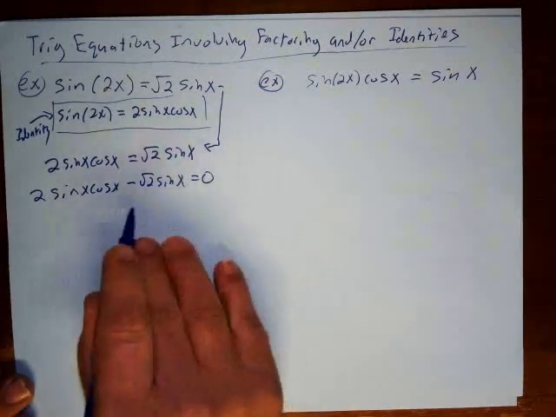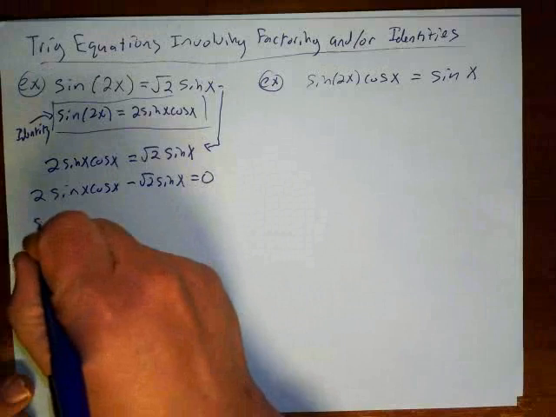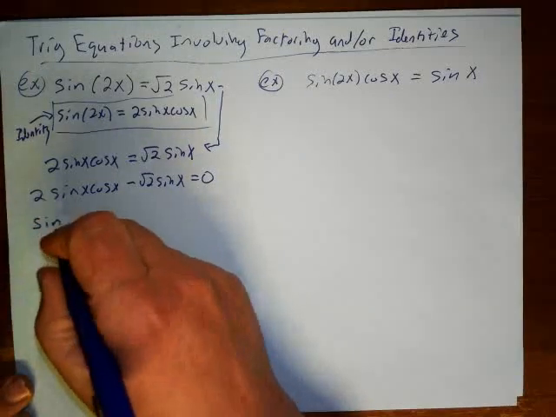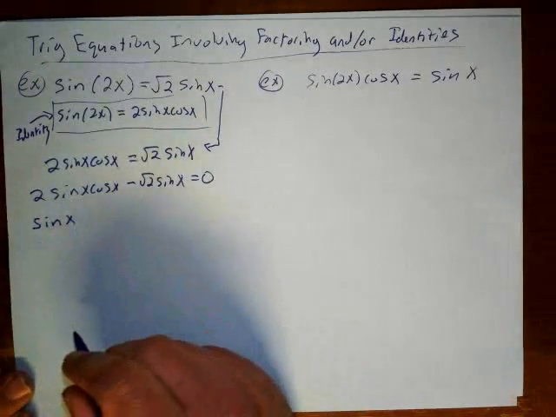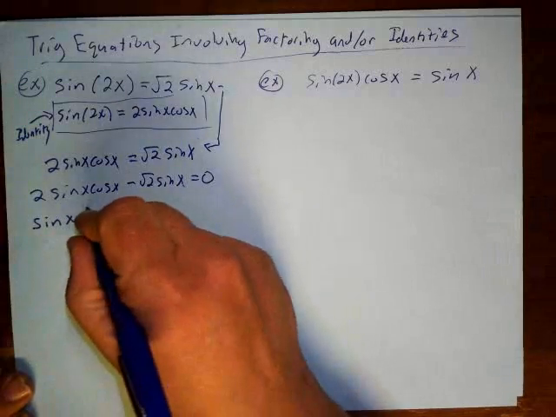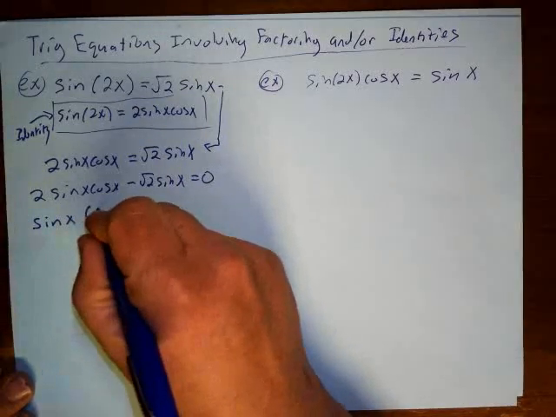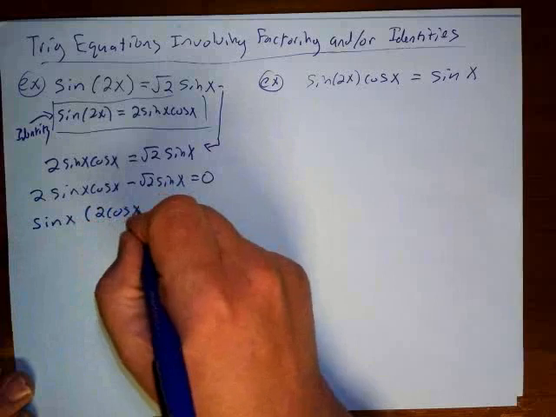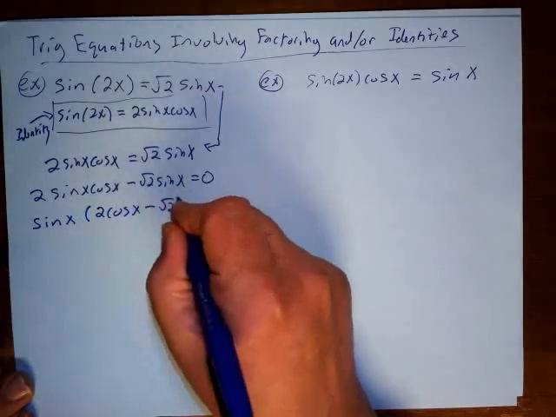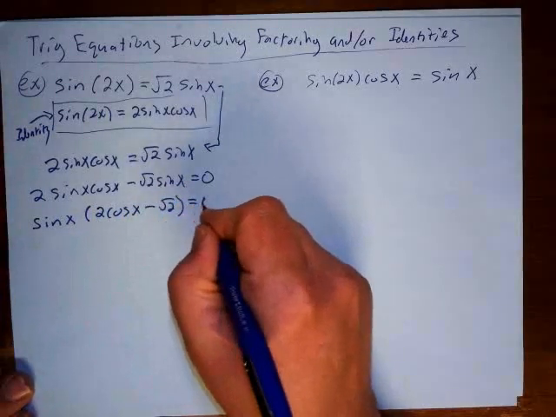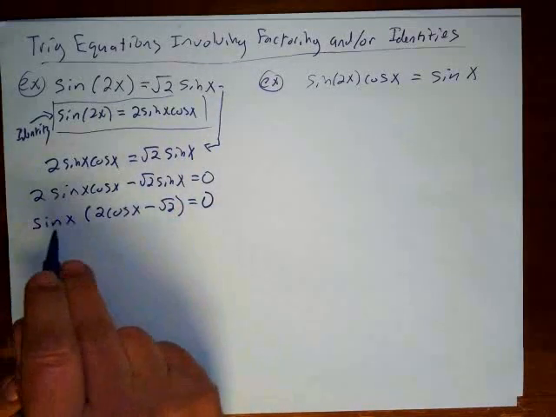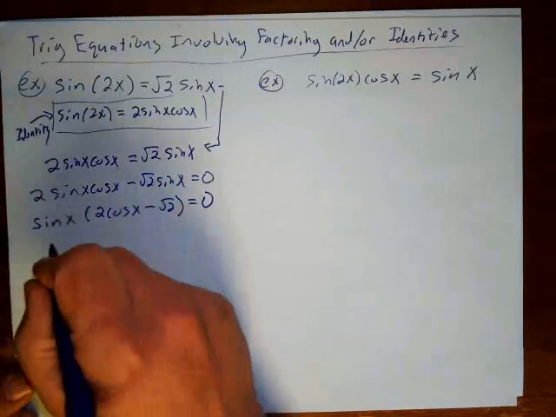Once it's set equal to 0, if I can factor this, then I'm going to be able to split it up into two basic equations. So that's sine x, and I'm factoring out the sine x, 2 cosine x minus square root of 2 is equal to 0. So now either this is equal to 0 or that is equal to 0.